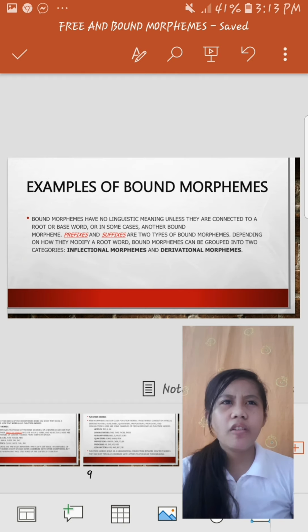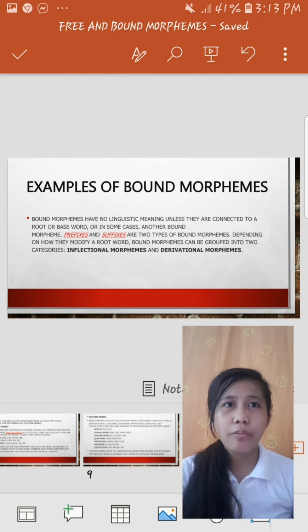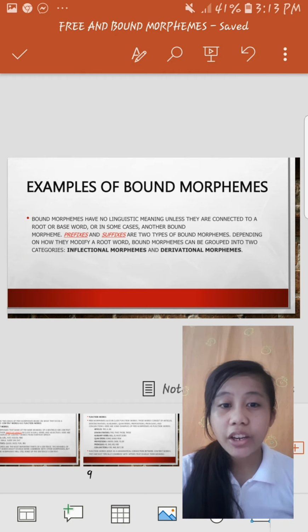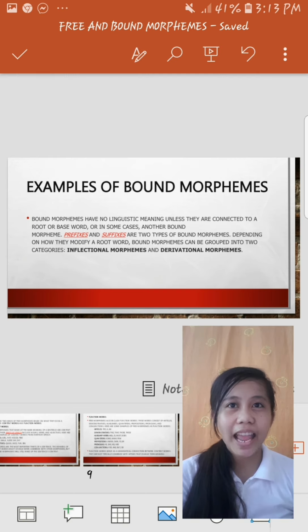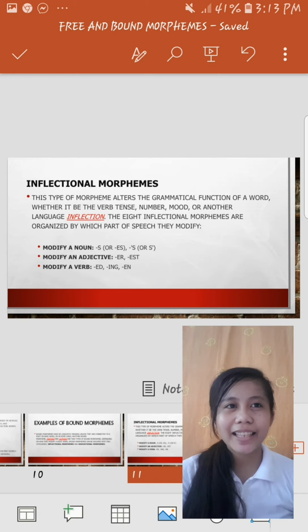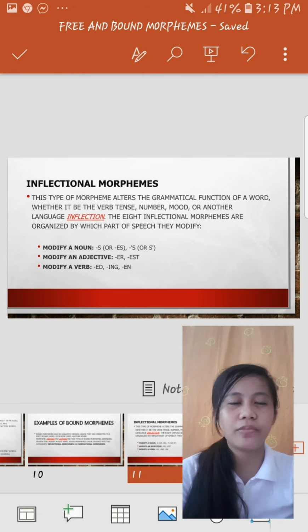So depending on how they modify a root word, bound morphemes can be grouped into two categories. So these two categories are, do you have any idea? Alright, so these are inflectional and derivational morphemes. So first, let's have the inflectional morphemes.